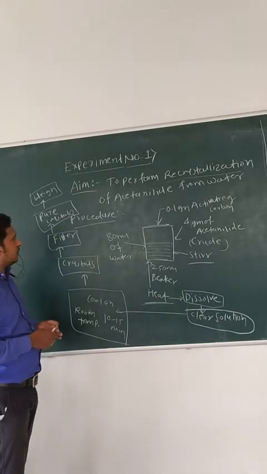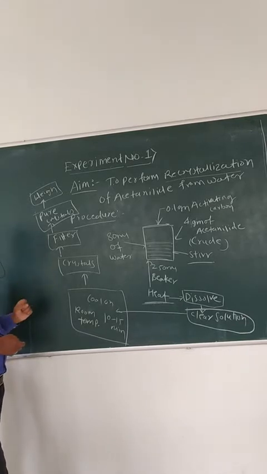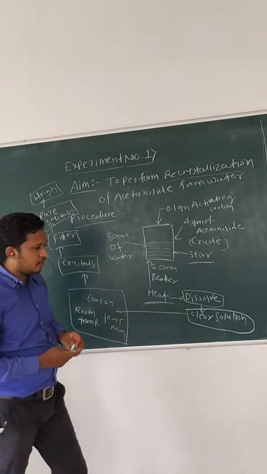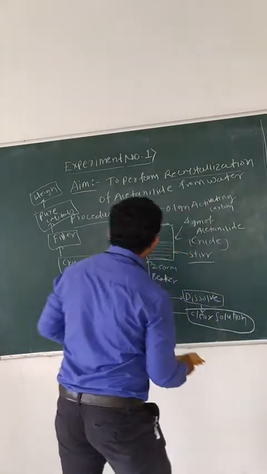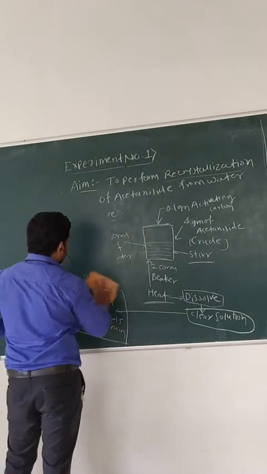Percent recovery means how many percent of the pure crystal acetanilide is recovered from the impure acetanilide. So we have the formula for calculation of the percent recovery.